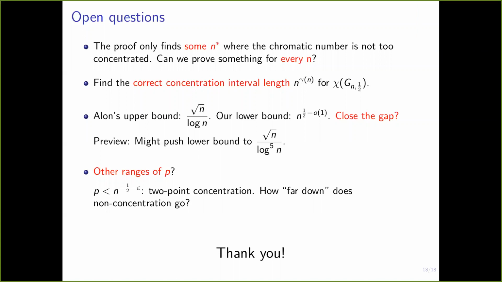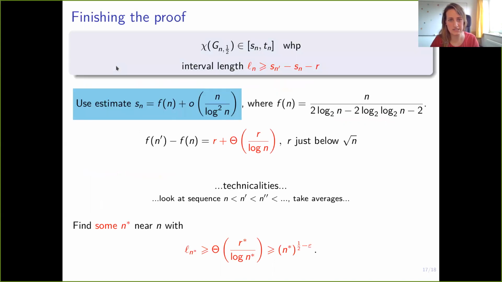Hi. I was curious what your intuition is for the first problem you raised. Would you expect there to be...? Yes, I think it's true for every n. It's just that our proof doesn't give it for every n. If I go back to the last slide, because of this error term here, it doesn't work for one particular n.